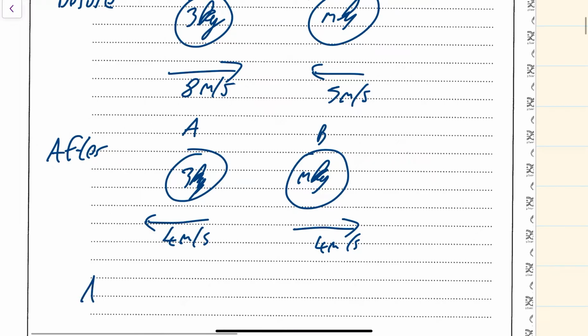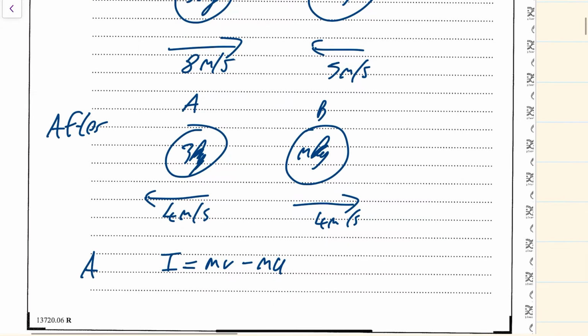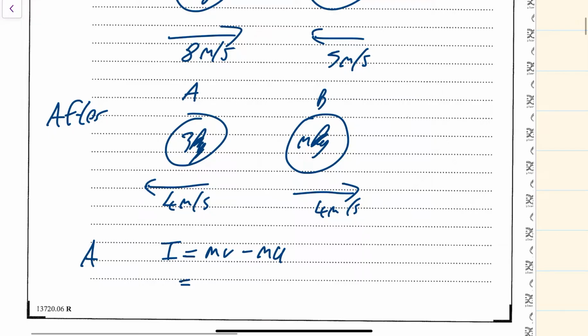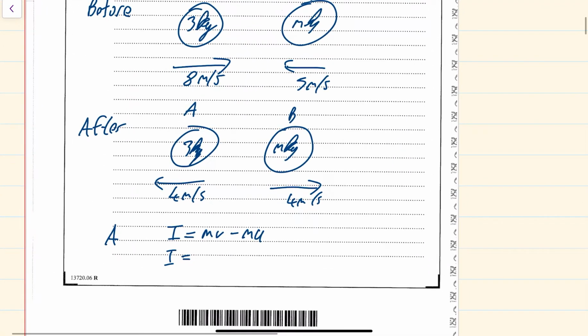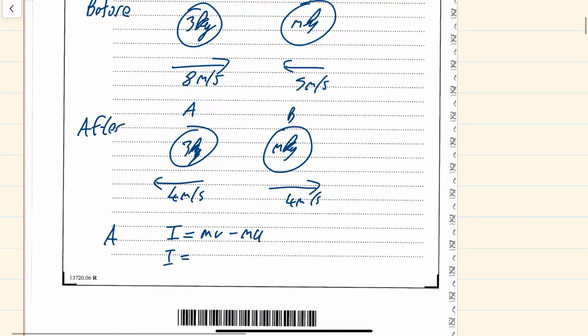Now, impulse for A, impulse I is equal to mv minus mu. So I'm going to assume the direction that it is going, the finish direction, is positive. So I'm assuming going this way is positive.